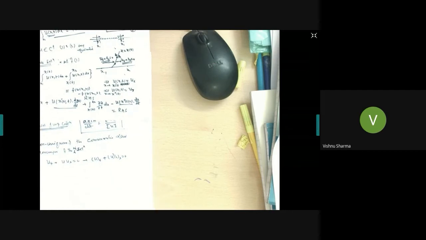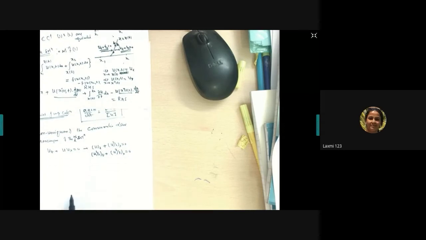I mean, this is your density function, this is your flux function, right? But I can have infinite number of conservation laws from here.